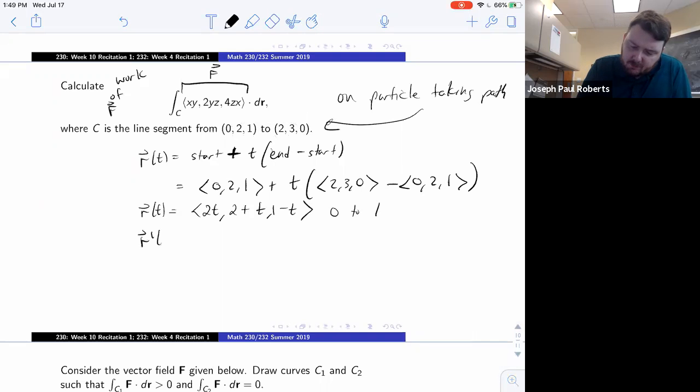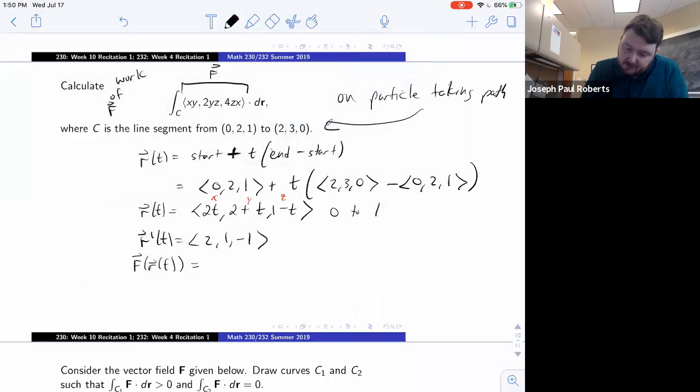Okay, so then r prime is (2, 1, -1). And then F of r of t, well, remember, the components x, y, and z are the components of r.